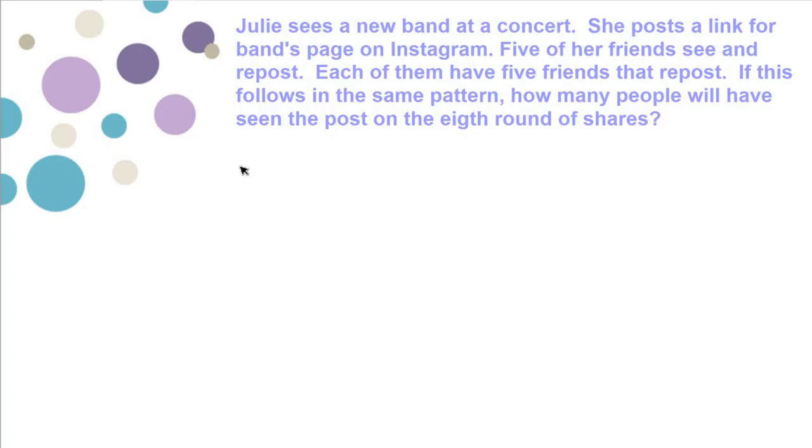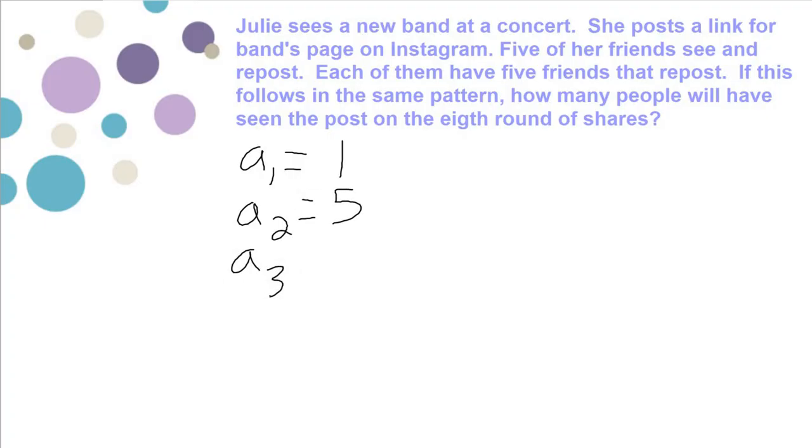So let's think about, what is my a sub 1, or how many people shared it in the first round? She's the only one that shared it at first, right? So it would just be 1. And then after that, 5 of her friends shared it.